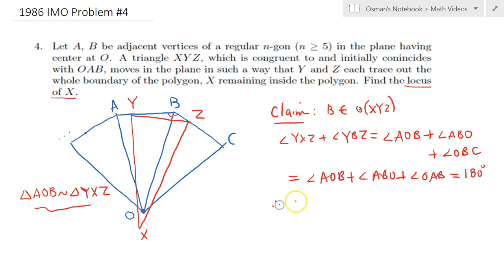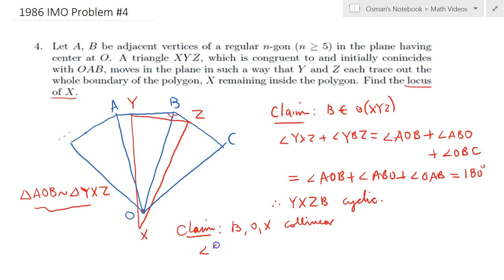So therefore YXZB is cyclic. I claim, a second claim, another very simple claim, that B, O and X are collinear. And again, the proof is not too hard actually. Let's start with angle OBZ.